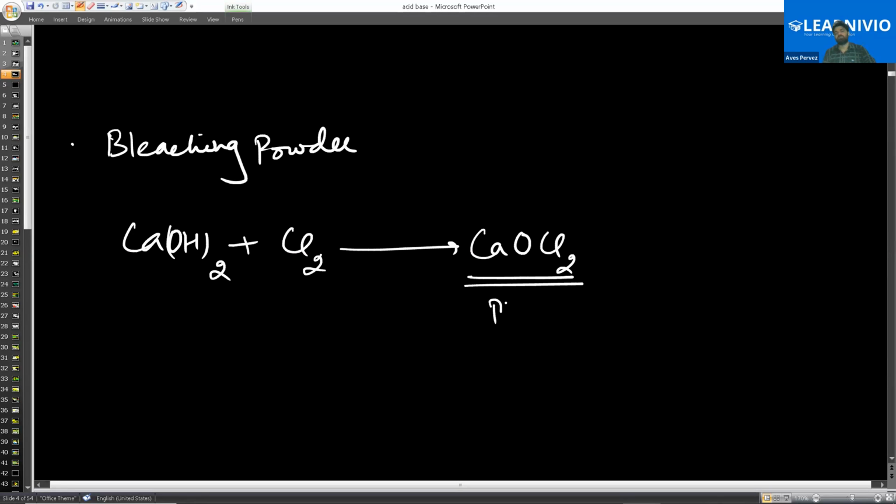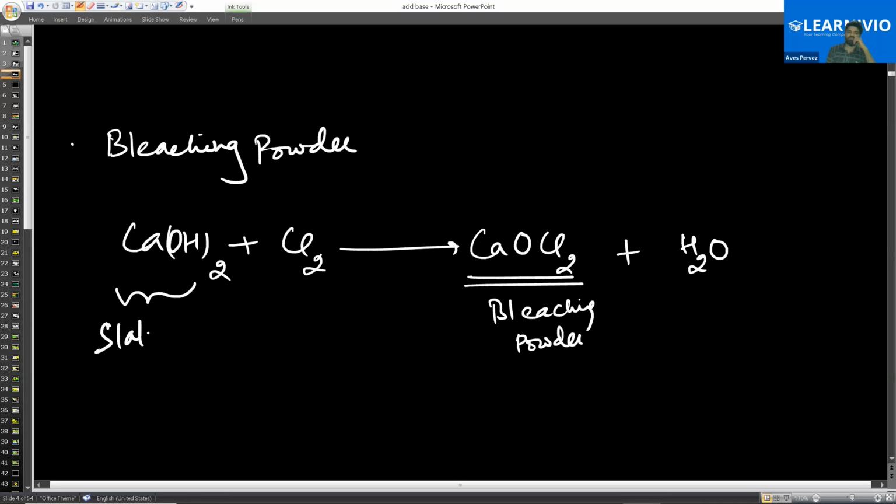This is bleaching powder, plus water. And this is slaked lime, or calcium hydroxide is the chemical name.